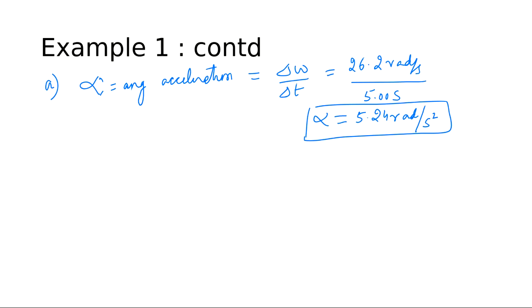This part 2 asks you to find out what if she slams the brakes, causing an angular acceleration of 87.3 radians per second square. So now the velocity is changing and the final velocity is 0.